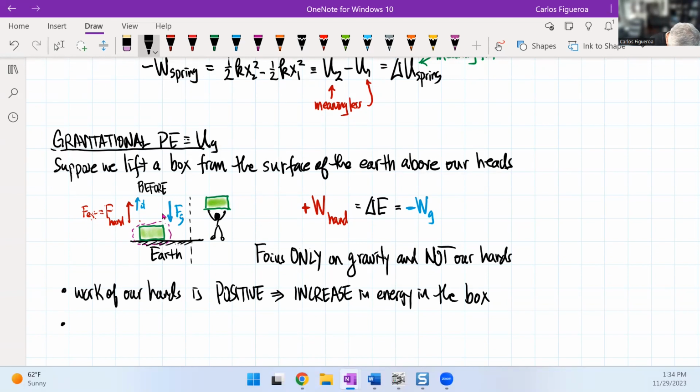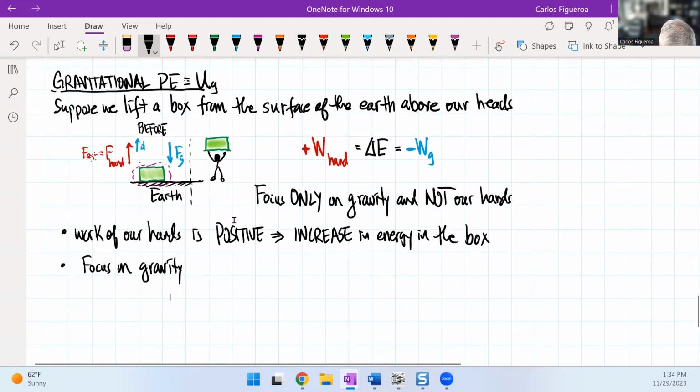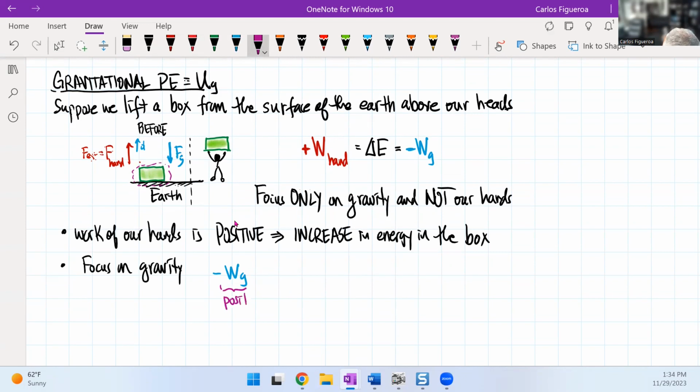Now, with the focus on gravity, we could then say that the work of gravity, this quantity right here, is a positive quantity. And as a consequence, it then changes the energy.